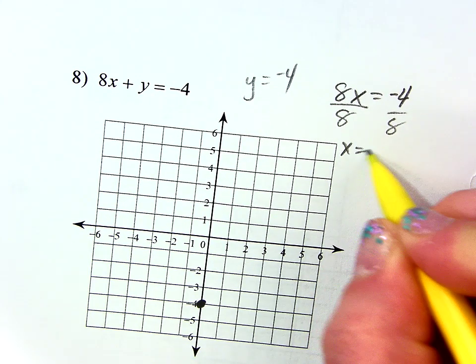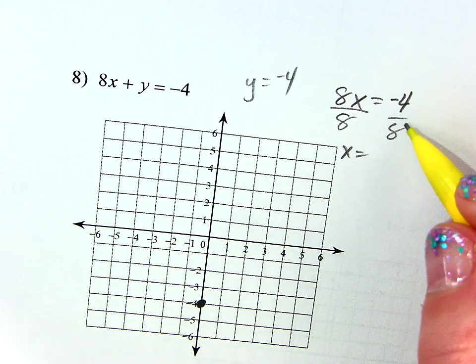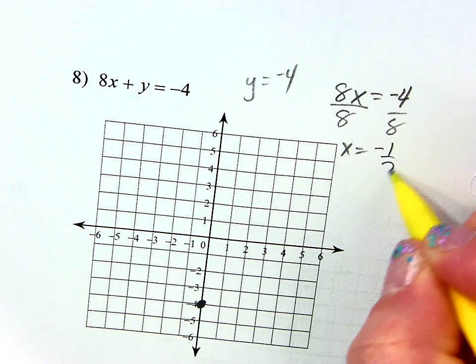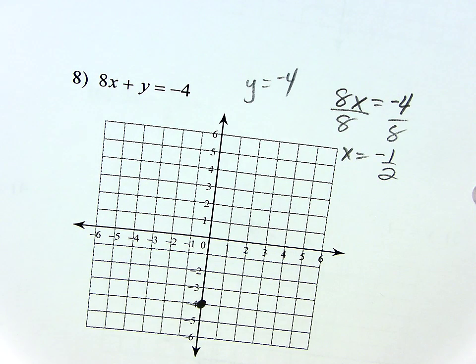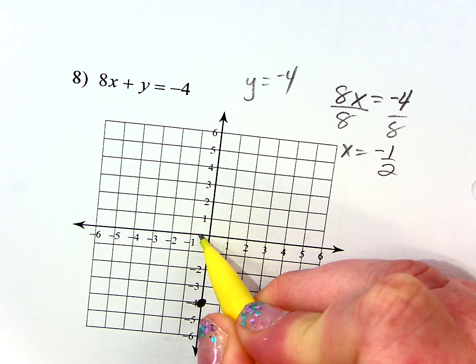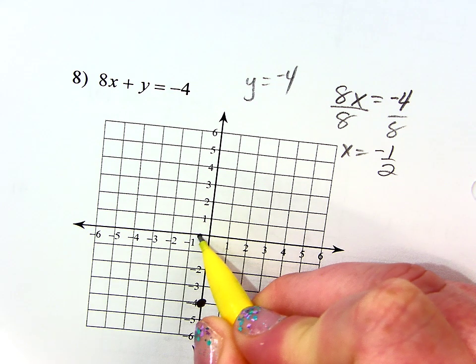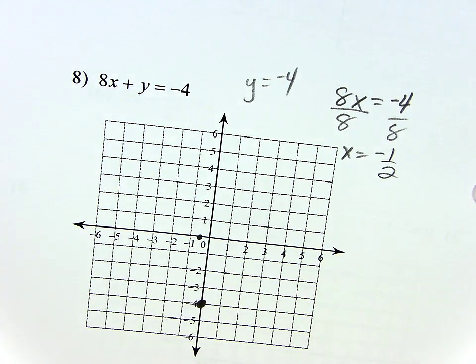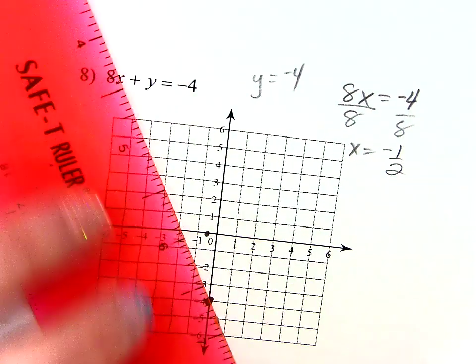Be careful. That's not -2. It's -1/2, right? So x equals -1/2. So at -1/2 on the x-axis, right there, that would be my other dot. And now I just connect these two.